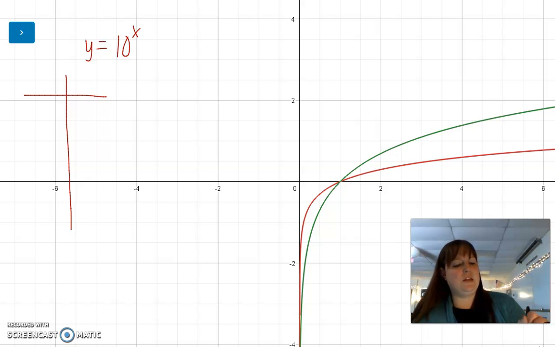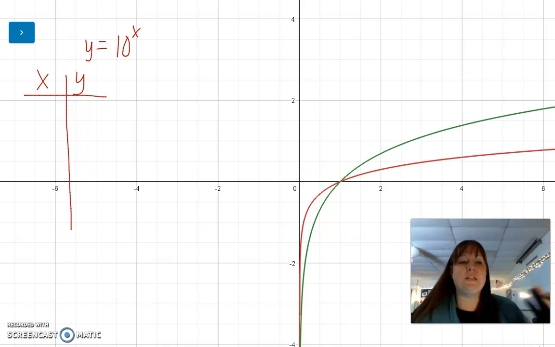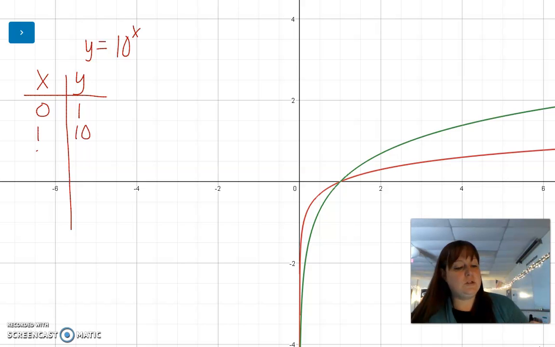That's kind of what we're thinking. So what I think of first is, well, what does the graph of 10 to the x look like? Well, when I put in 0, I get out 1. When I put in 1, I get out 10. When I put in 2, I get out 100. When I put in negative 1, I get out 1/10. And then when I put in negative 2, I get out 1/100.